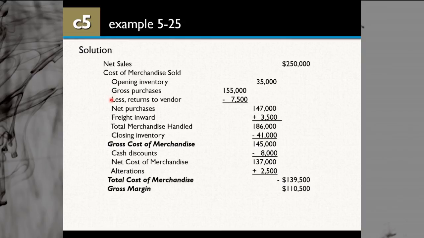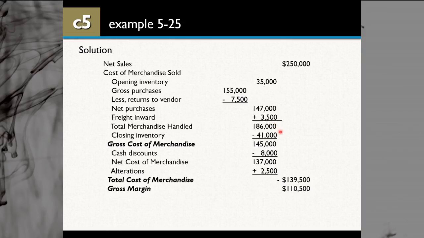But if you return something to the vendor, that will be minus to your inventory. So you minus that. Then you get these net purchases based on these two. And you also include your freight inward if you have any freight, because that's going to be involved in the cost. Then you can calculate your total merchandise handled. So that means total merchandise available.